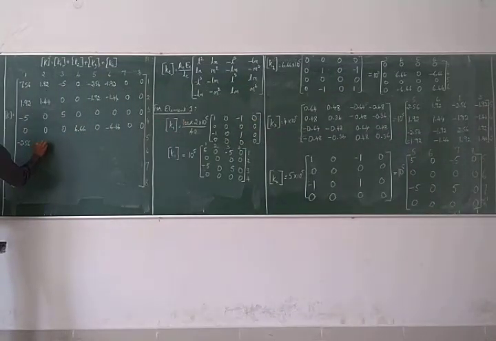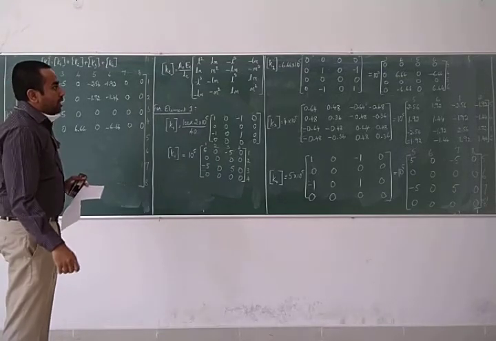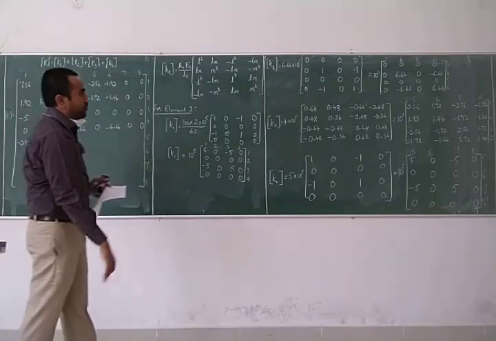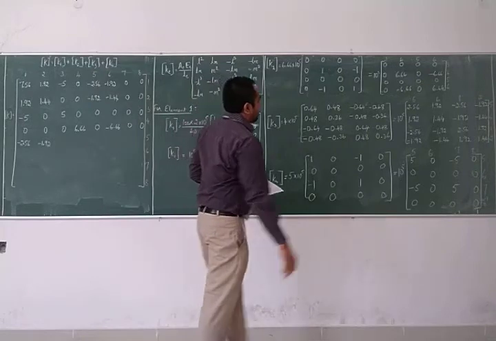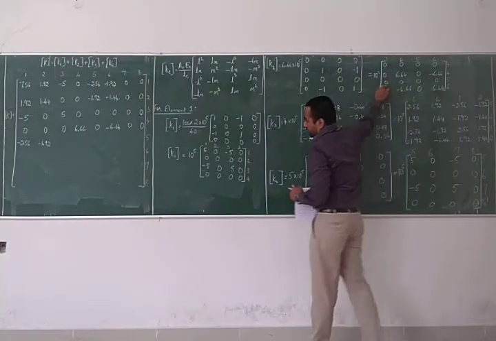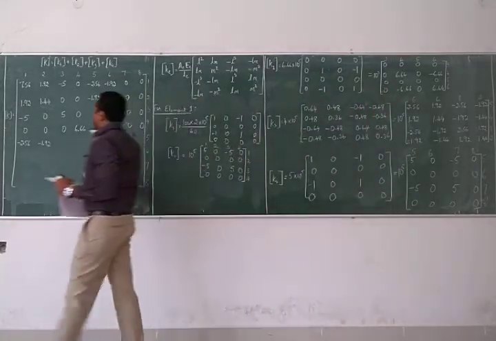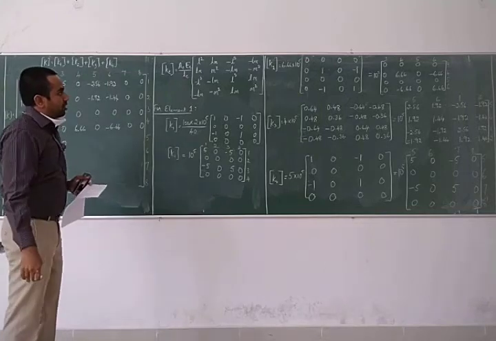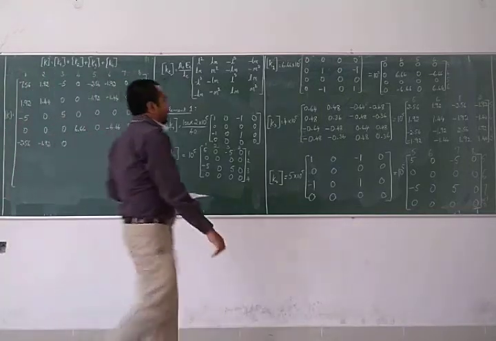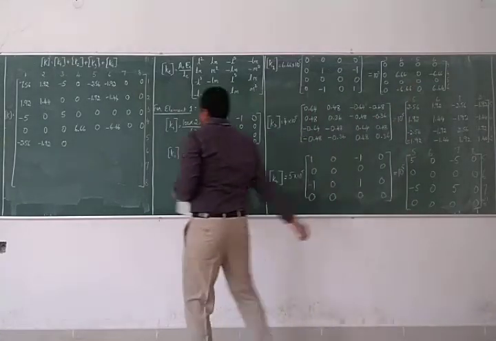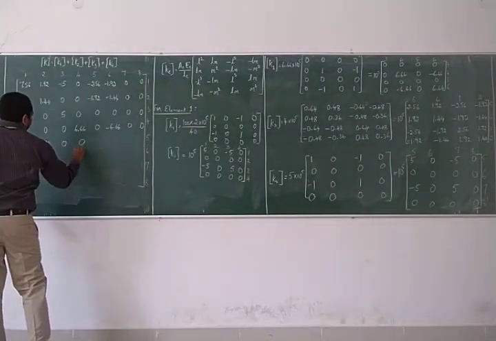Third degree of freedom column and fifth degree of freedom row. Is there any term here? The value is 0. So directly write it as 0. Fourth degree of freedom column and fifth degree of freedom row is 0. So directly 0 will be written.